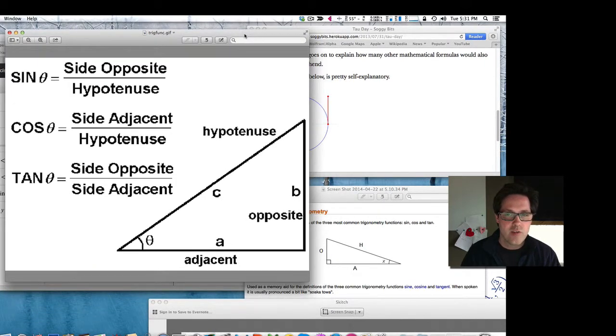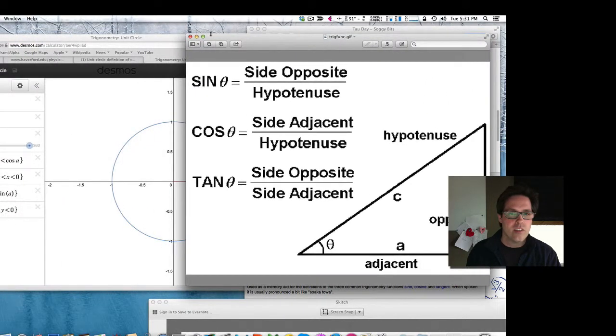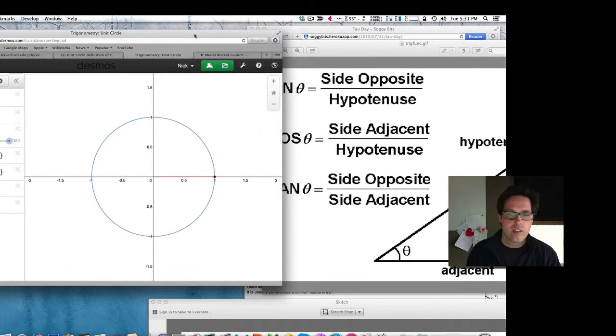They're defined on the unit circle, and the unit circle is simply a circle with radius 1. And that makes things really, really easy because, let's take a look at a unit circle here. You can see as we move along the circumference of the circle, the right triangles that are formed move around.